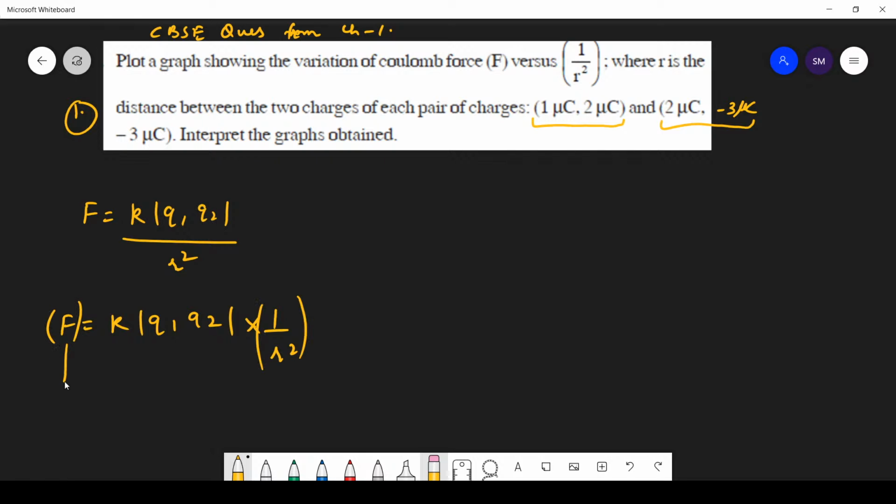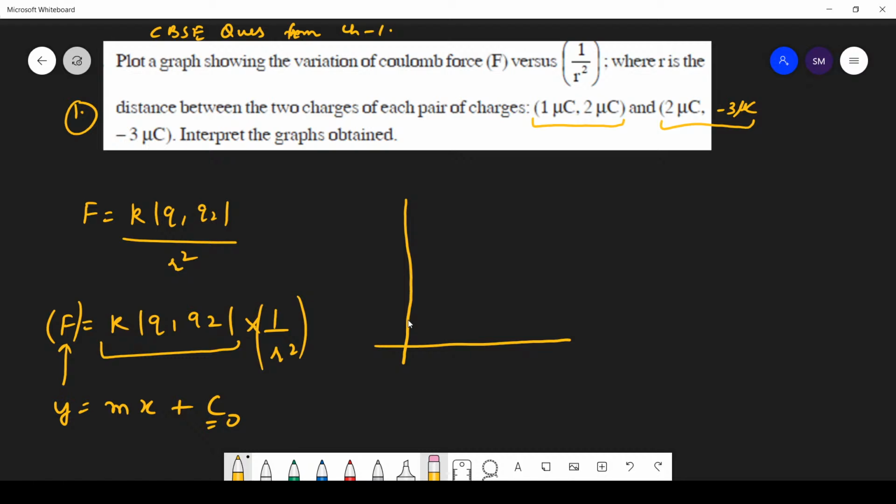If I write this F as y, then K Q1 Q2 will be my slope, and this is my x plus c, where the y-intercept is 0 in this case. So now let us plot the graph.